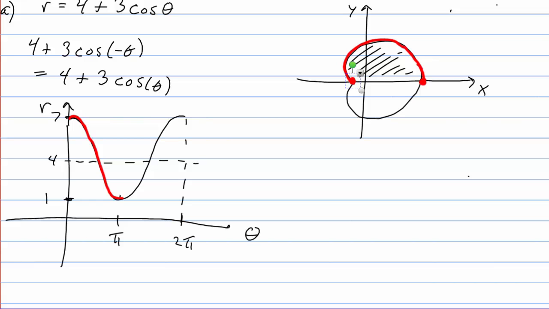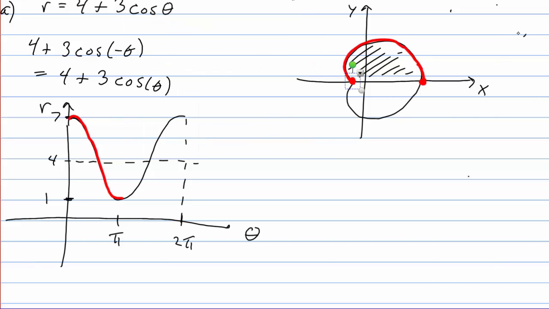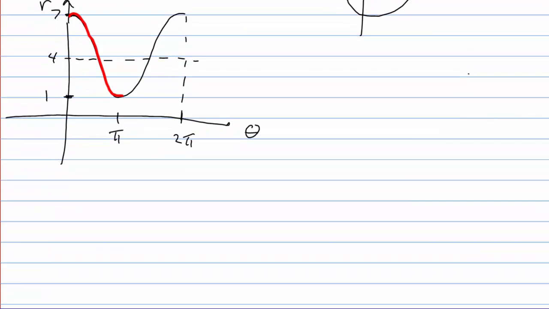So that tells us that the top portion of this limacon starts when theta equals 0, and it stops when theta equals pi. Then it's not too difficult to actually find the area.